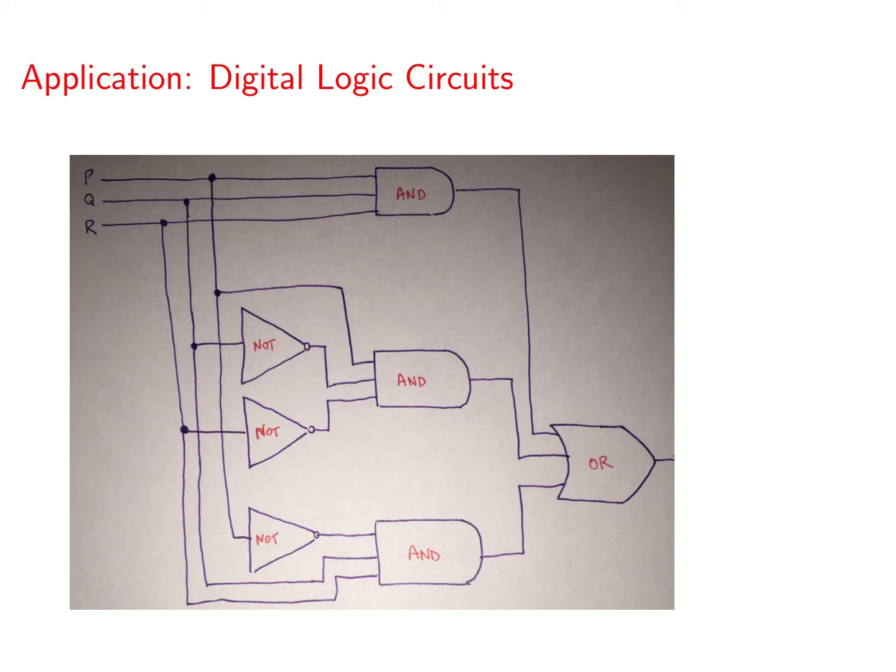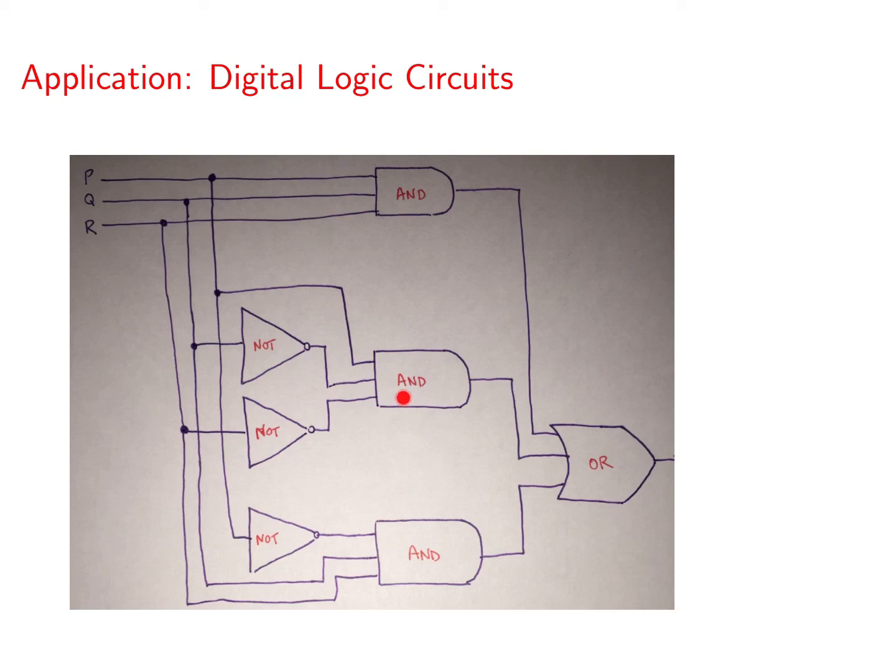All right, here it is. This is a circuit that corresponds to the Boolean expression we came up with, and therefore this circuit will have an input-output table corresponding to the table that we gave before. Notice that we have p and q and r here, and then what's going on down here?